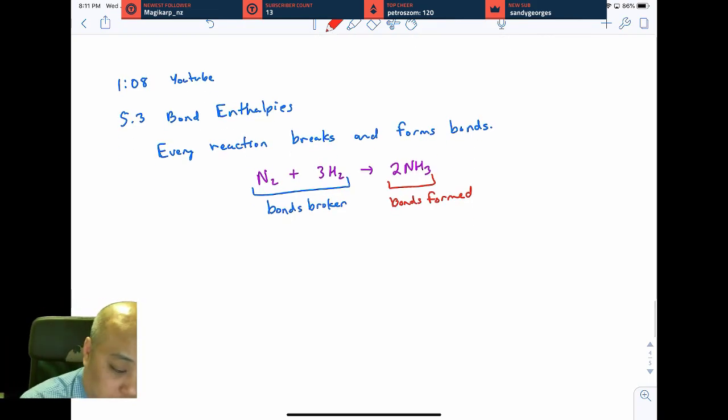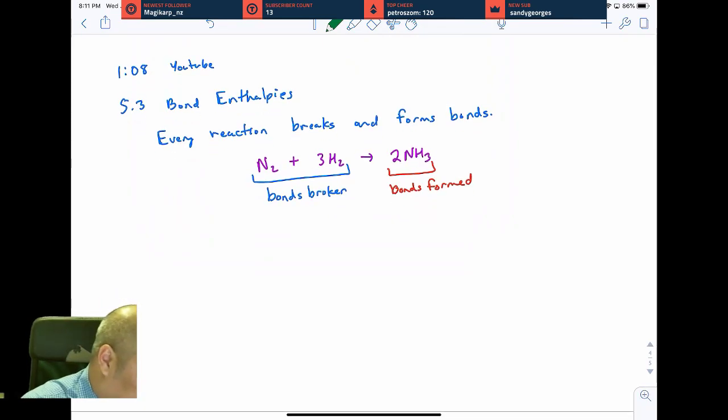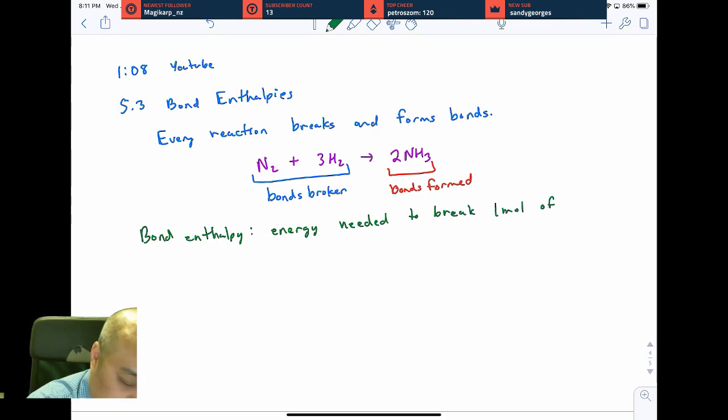And so this is where we want to establish what bond enthalpy really is. Okay, and so bond enthalpy is defined as energy needed to break 1 mole of a bond in a gaseous molecule.